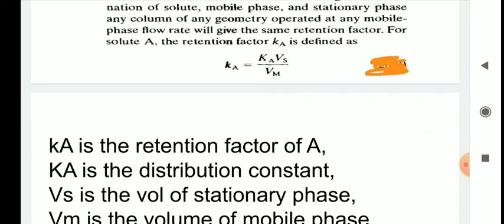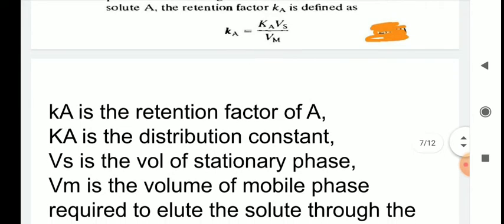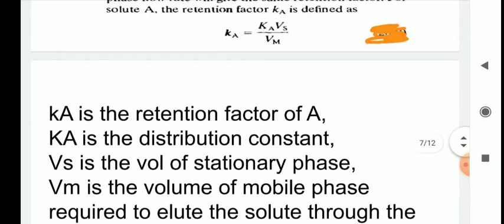The column has some stationary phase and that stationary phase has some volume. So Vs is the volume of that stationary phase. Vm is the volume of the mobile phase required to elute the solute through the column. In fact, it is nothing but the retention volume.